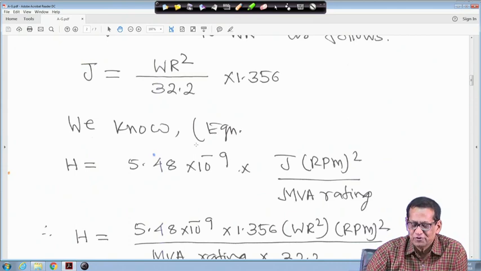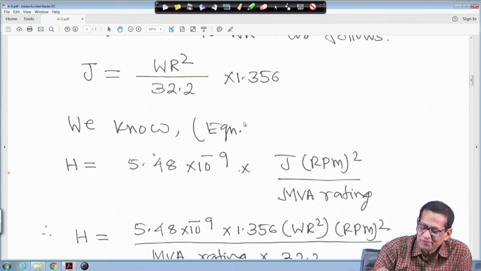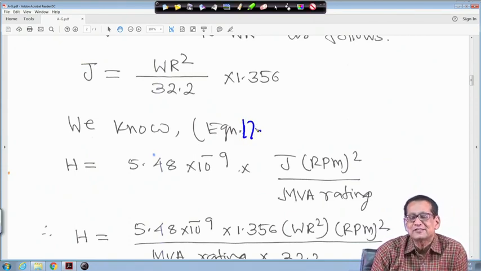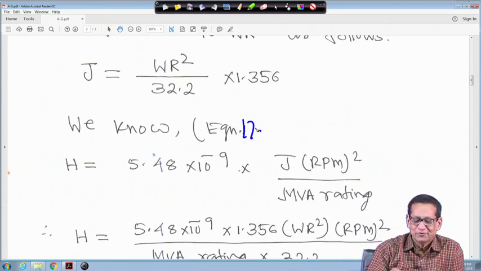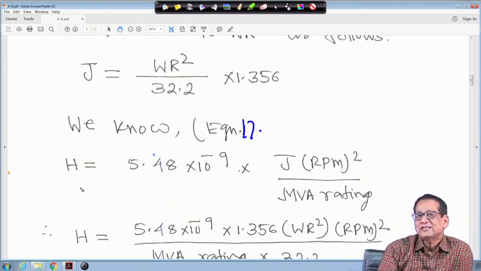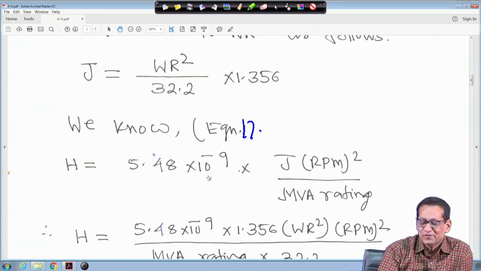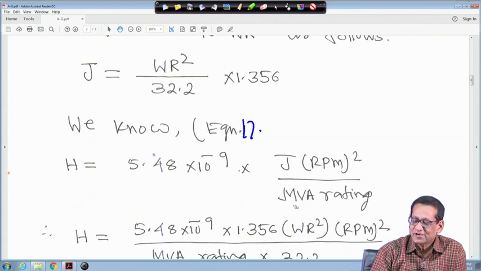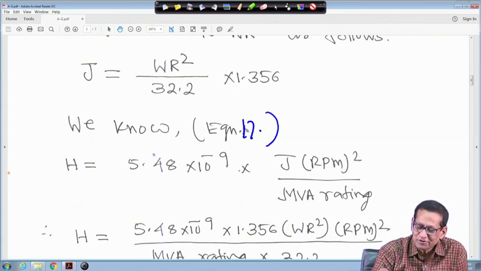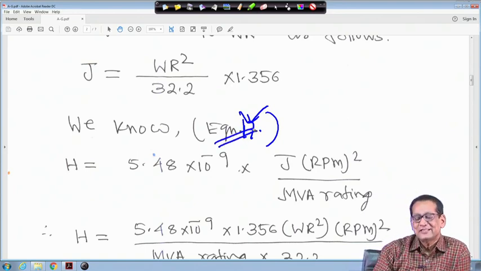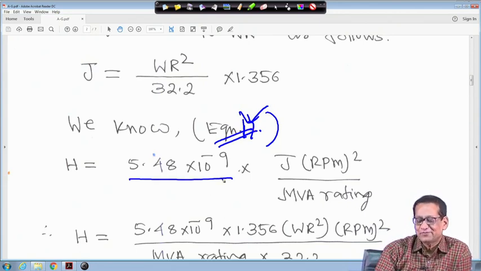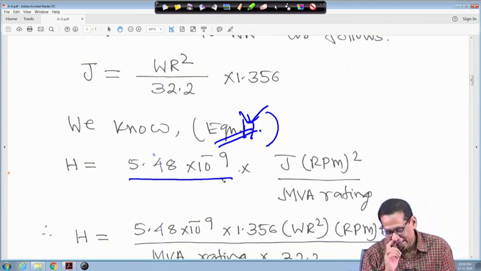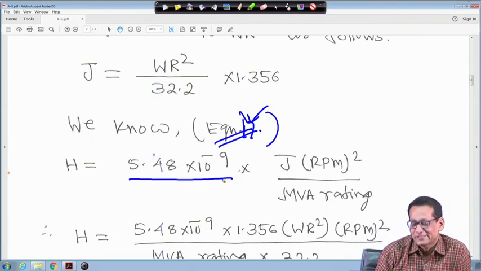We have derived in the swing equation that H is equal to 5.48 into 10 to the minus 9 into J into RPM square by MVA rating. I forgot to write the equation number, but this derivation is in the swing equation. If I try to find it here, it will take time, but this has been derived for H, and we have done one or two small examples also.